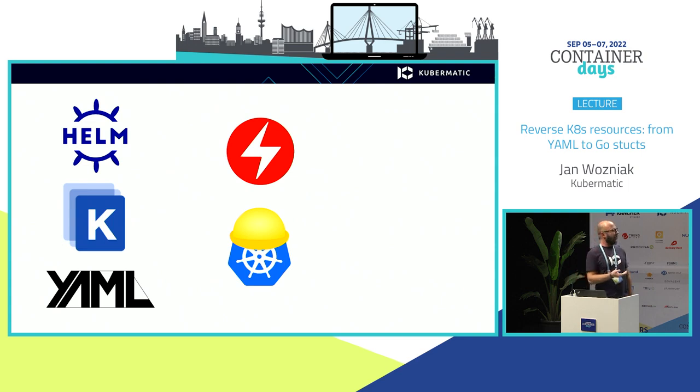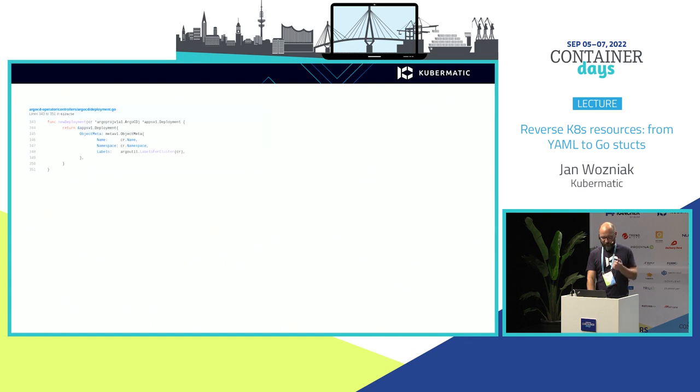The community has started this pattern of writing operators on top of their deployment packages, and most of those operators are currently being written in Go. So there is this little discrepancy: you have defined something in YAML, and then you have your actions written in Go. I, and some other people, thought it might be beneficial to have it all in one place.